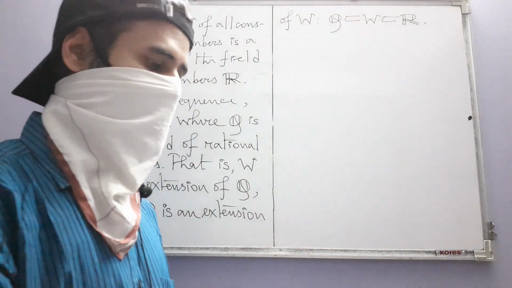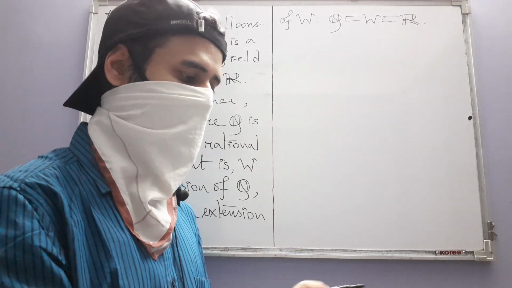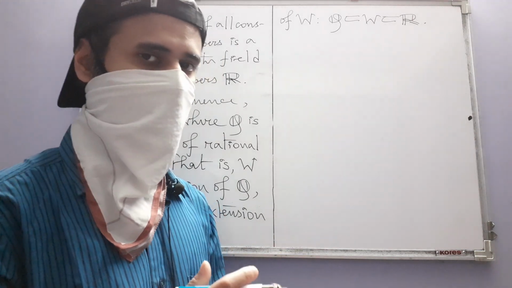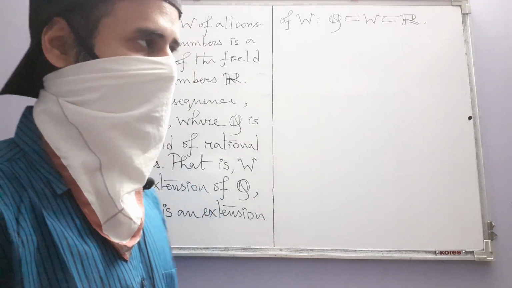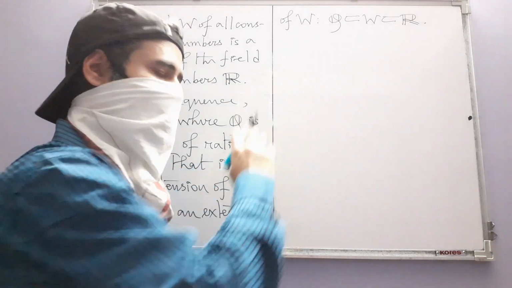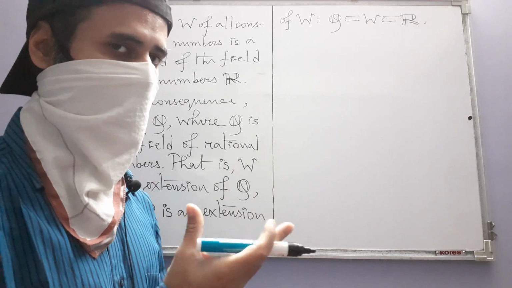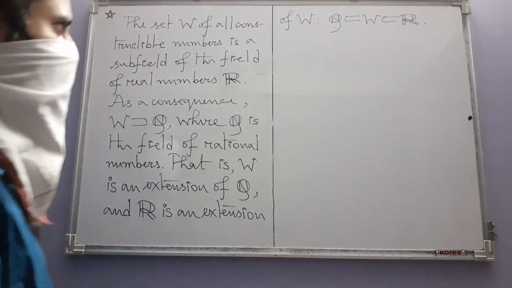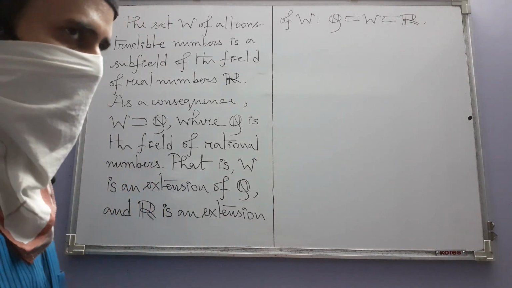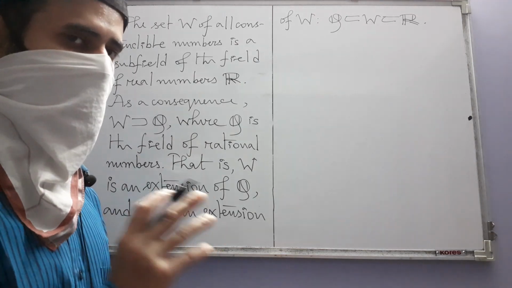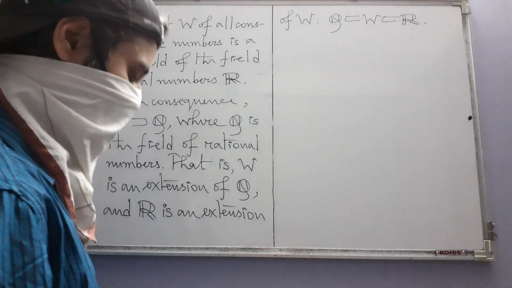When we use these words construct, constructible, construction, that will always mean by straightedge and compass. And also the way we have defined in the previous video what we mean by constructible objects, so by straightedge and compass, that is understood. It will not be said explicitly.